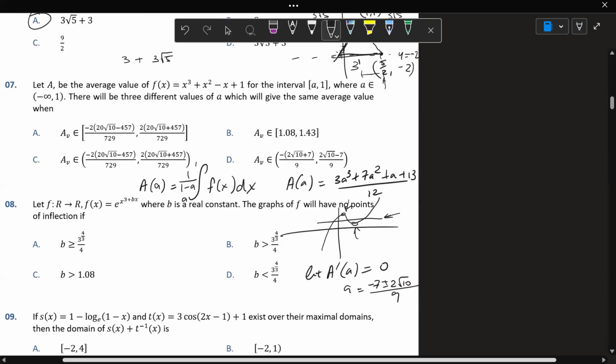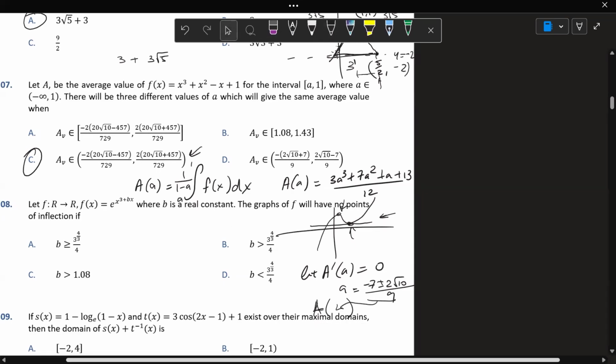We want to find the average value. So you just sub these two values back in, and you're left with this. You have to remember it's not including brackets, because if you include this point, when the line goes through it, it only crosses twice, not 3 times.